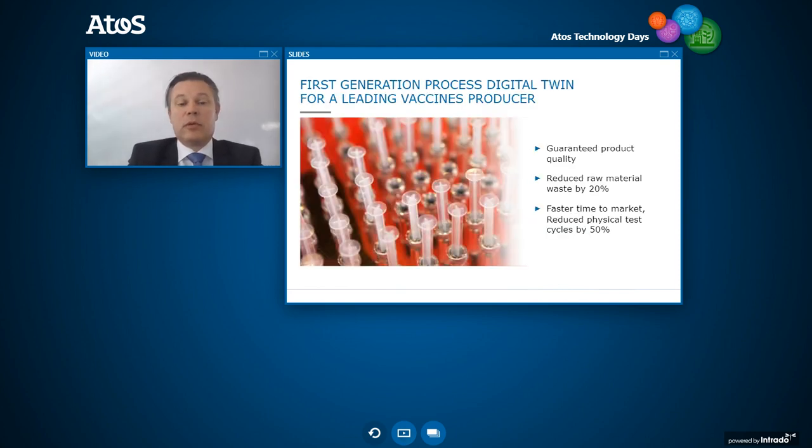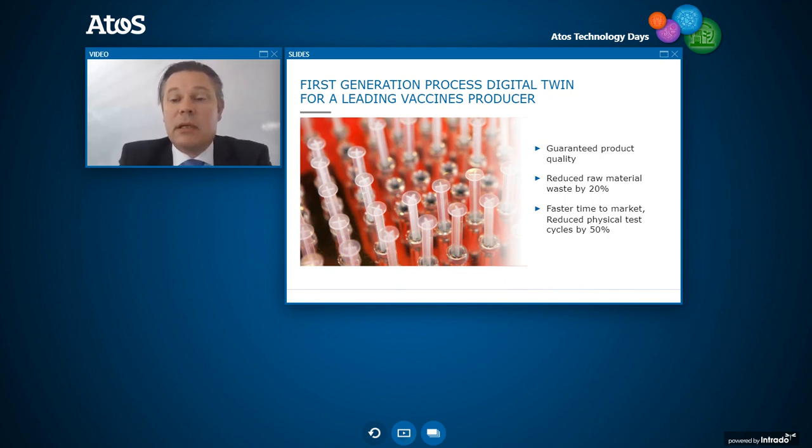Now, to conclude here, we have been able to develop the first generation process digital twin for an actual physical process, and that for a leading vaccine producer globally. We have been able thereby to solve the dual challenge that I talked about in the beginning.